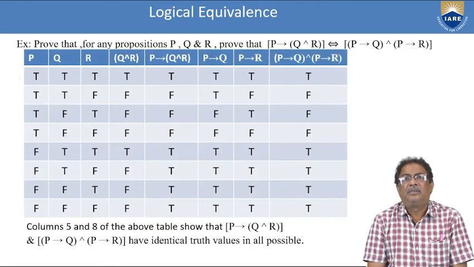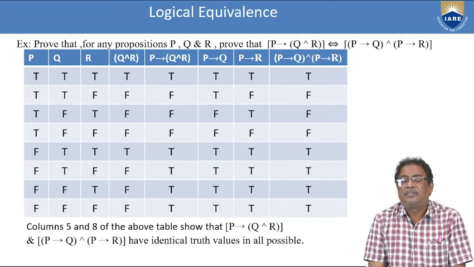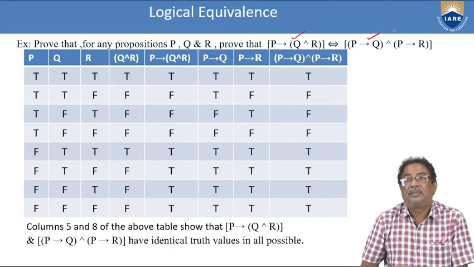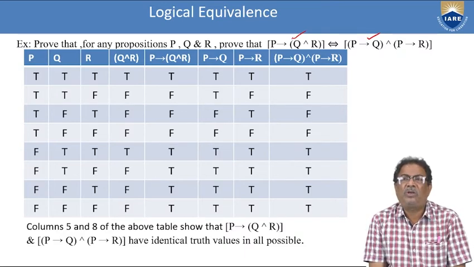Now see, for any propositions P, Q and R, prove that this is logically equivalent to this. So here we have only 3 propositions, so 8 possible combinations will be there.